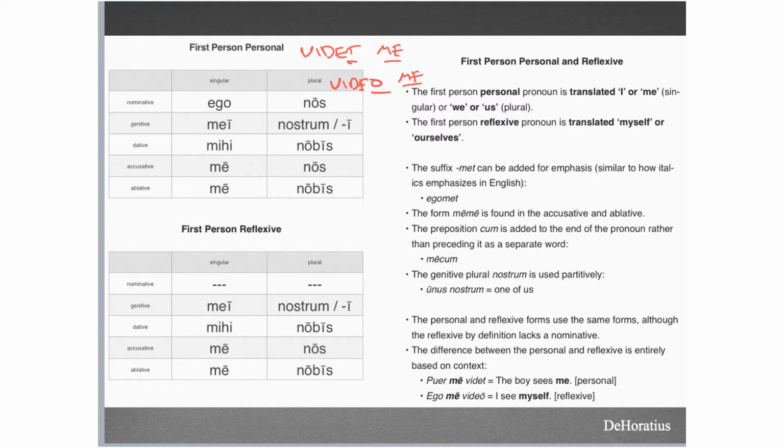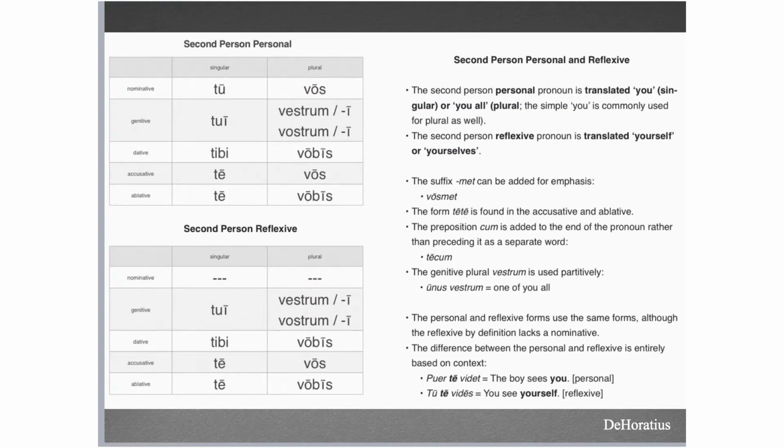So these forms are used for both personal and reflexive pronouns. For the reflexives, you won't have the nominative forms, of course, and you can see that down here. But again, in those Latin examples, because in the first one the subject is different from the object, it's the personal pronoun. For the second one, because the subject and the object are the same, it's the reflexive pronoun. And really just context and that distinction is going to determine that.